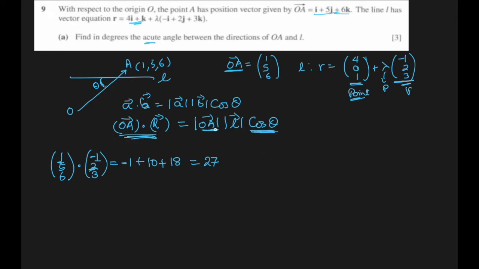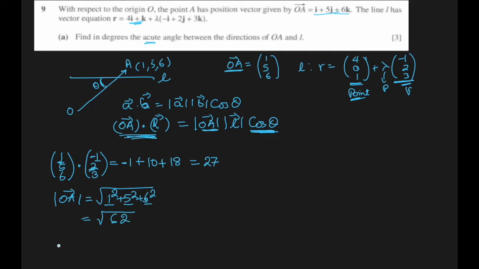What about the magnitude of OA? Let's do that one first. So OA, this 1, 5, 6, it will be 1 square plus 5 square plus 6 square. This is the magnitude of OA, which is square root of 1 plus 25 is 26 plus 36, 62.